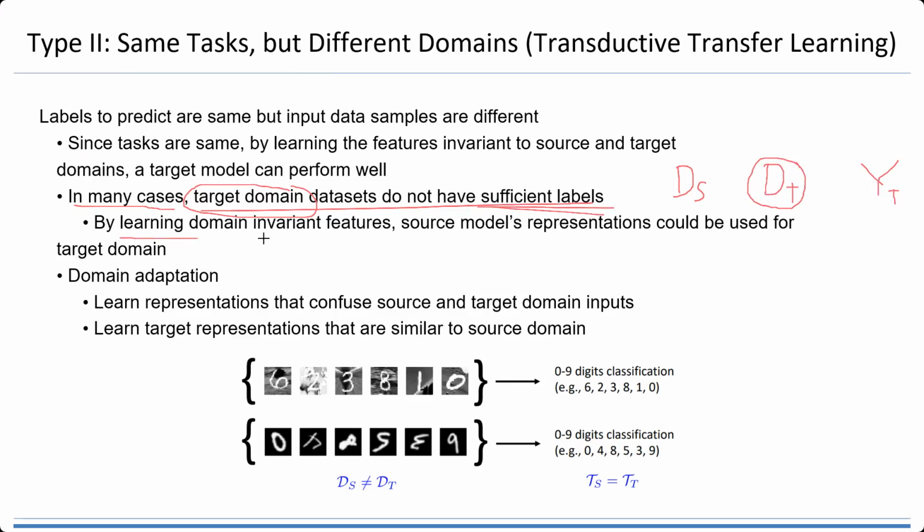So by learning domain invariant features, the source model representation could be used for the target domain. If we have the model from the source, we can use the model to predict what will be the Y in the target.